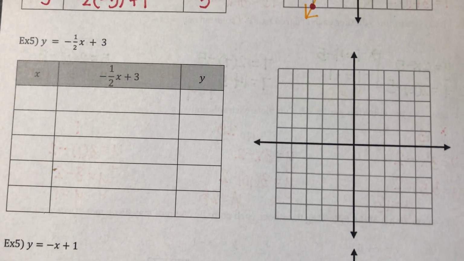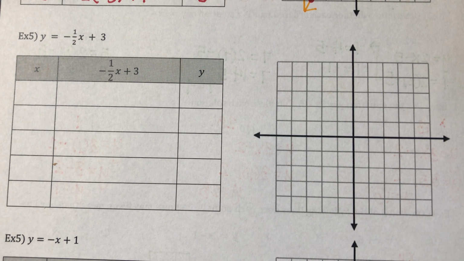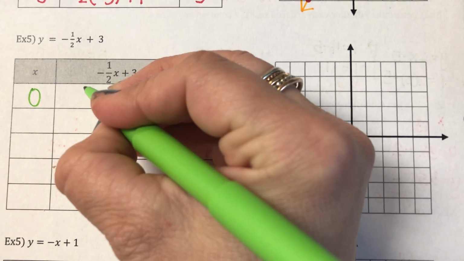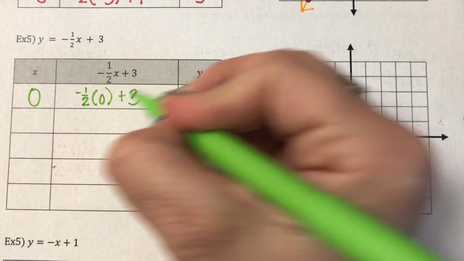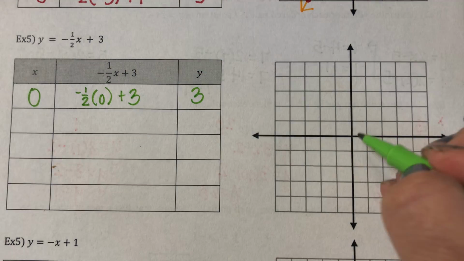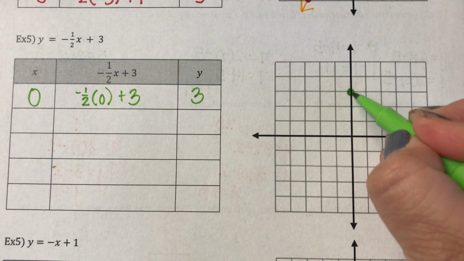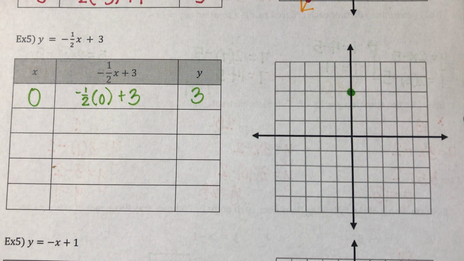Okay, and on that note, look at number 5, where we have negative 1/2 of x. I'm going to start with an easy one. I'm going to start with 0, because what's half of 0? Half of 0 is 0. 0 plus 3 is 3. So I have the point 0, 3. Easy.